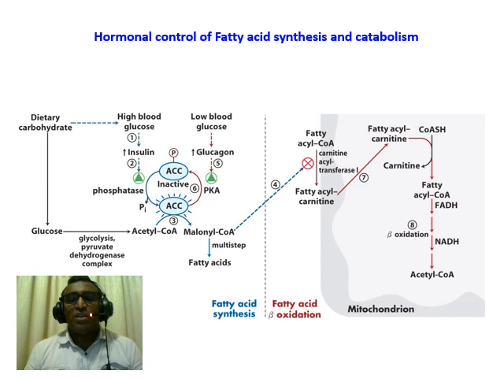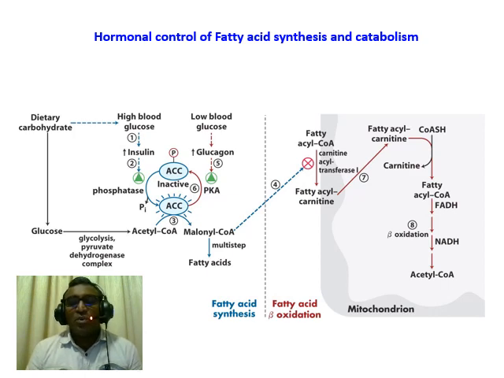So the elevation of malonyl CoA will inhibit the carnitine from bringing the fatty acid from the cytoplasm to the mitochondria, therefore disallowing beta oxidation from happening. The malonyl CoA will then be converted to fatty acid, and fatty acid will be changed into triglyceride and stored. So that's fatty acid synthesis because of excess glucose in the blood.